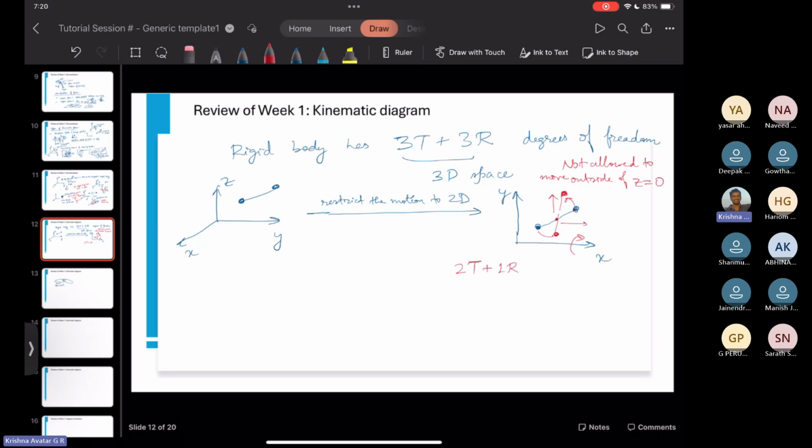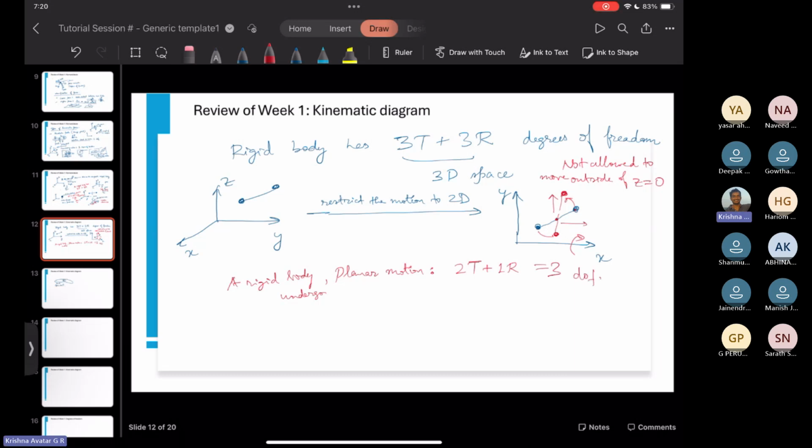That's the reason any body undergoing planar rigid body motion has 2 translations and 1 rotation, and that's why we have 3 degrees of freedom, 3 DOF.